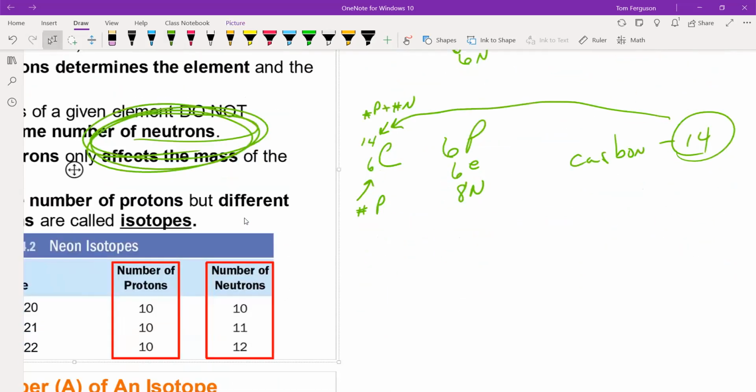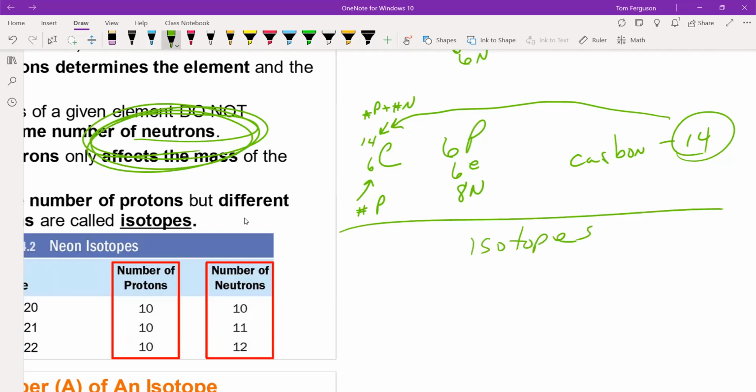Okay, so the number of protons are equal. The number of neutrons are not equal between isotopes. Carbon 12, carbon 14: same number of protons, same number of electrons, different number of neutrons.